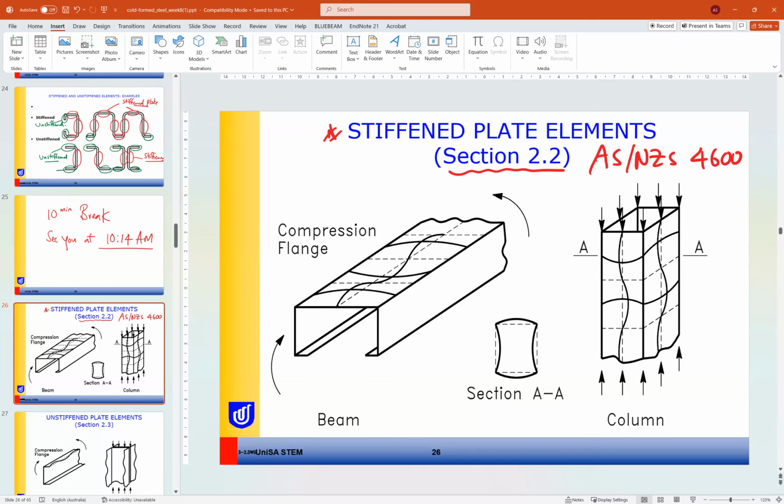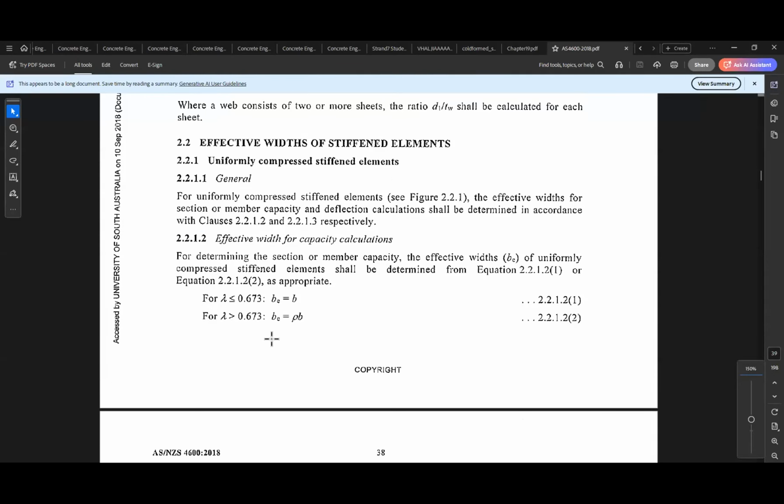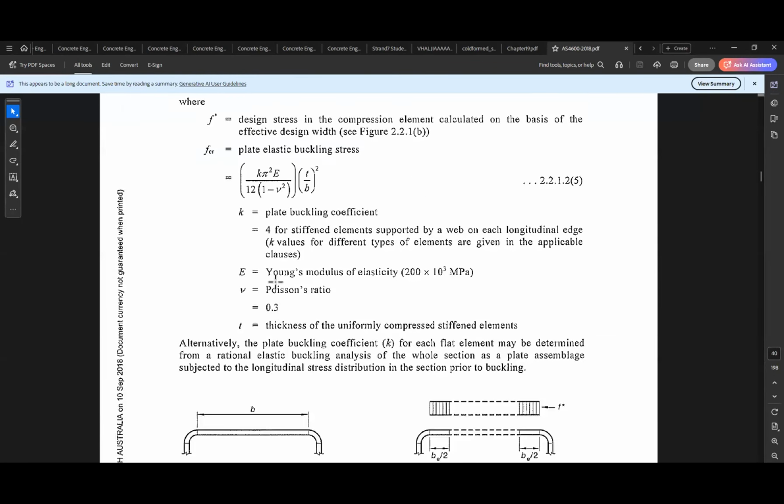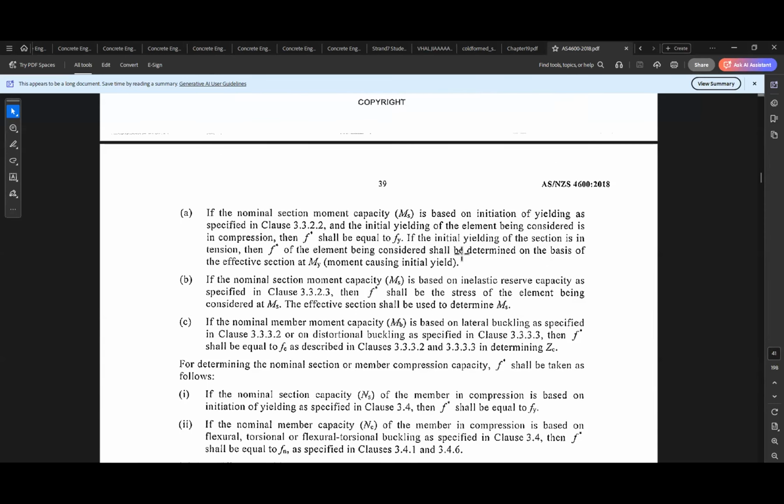I will show you the section in the standard. So here is the section we are talking about: effective width of stiffened elements, and all the information is extracted from here.